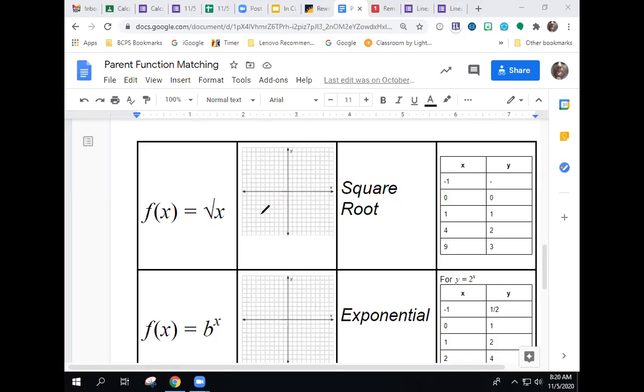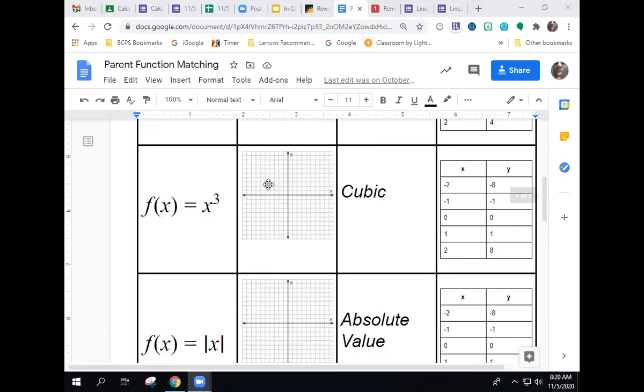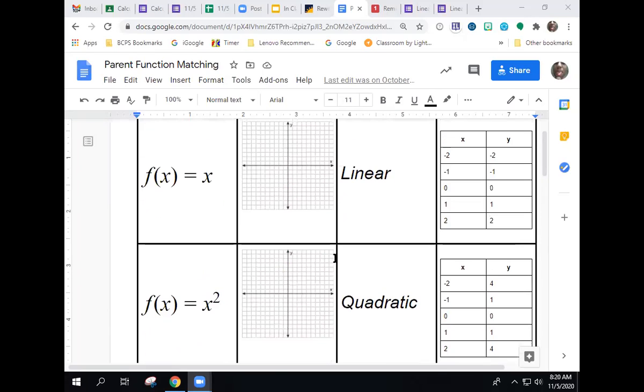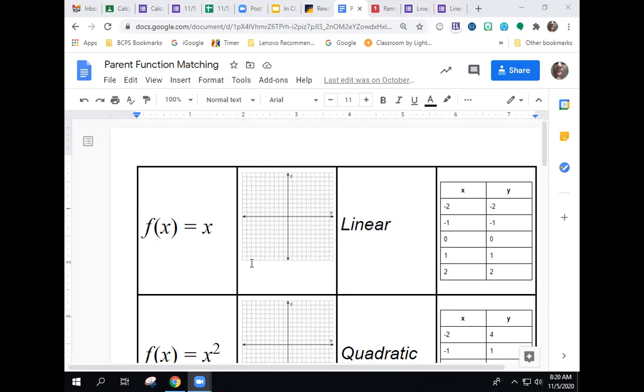We're going to go more into square roots later on. We're not going to cover very much cubic, but you should have a general idea what it looks like. And quadratic we'll get to in a few weeks, okay? So linear is what we're working on right now, and you should get very proficient at linear.